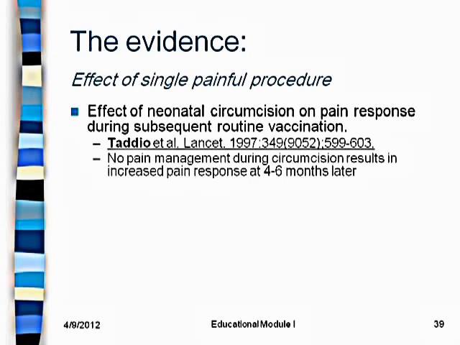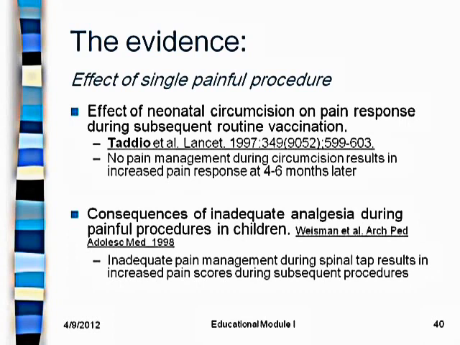In addition to that study, the consequence to inadequate pain management during painful procedures in older children was studied. In this study, one of the groups received fentanyl Oralette in a lollipop form, and the other group received placebo lollipop without any fentanyl for spinal taps. Those who received fentanyl Oralette significantly had lower pain scores.